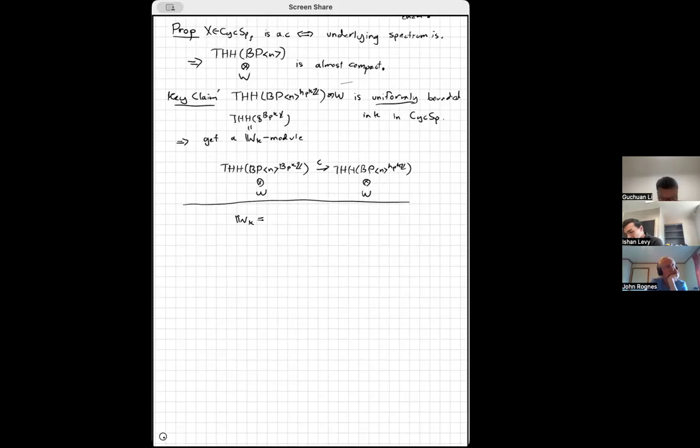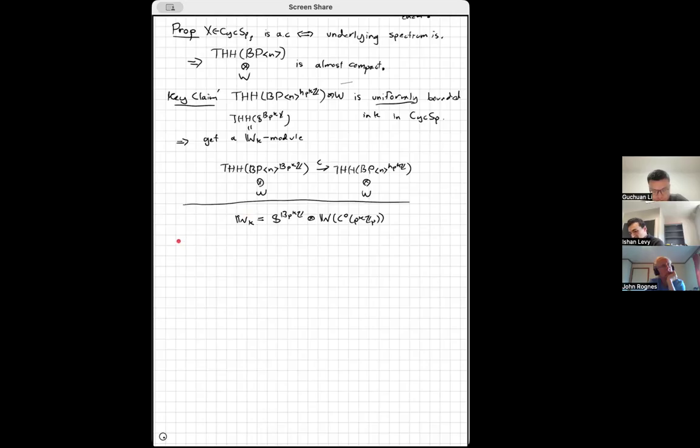It's THH of this ring, the sphere to the BP^k Z tensored with the spherical Witt vectors of the continuous functions on p^k Z_p. In particular, the ring of continuous functions on p^k Z_p, with coefficients in Z_p, which is pi zero of this ring, acts on any module over this ring.